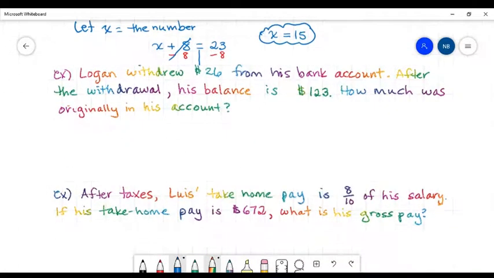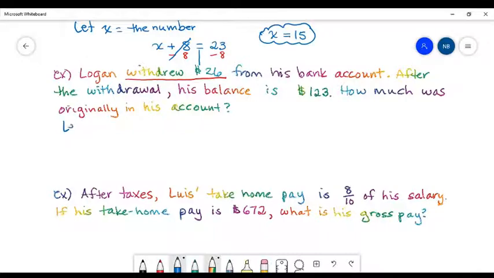Next problem says Logan withdrew $26. When you withdraw money from your bank account, you're making the balance go down. So you're basically going to the ATM and pulling out 26 bucks. After the withdrawal, his balance is $123. How much was originally in his account?